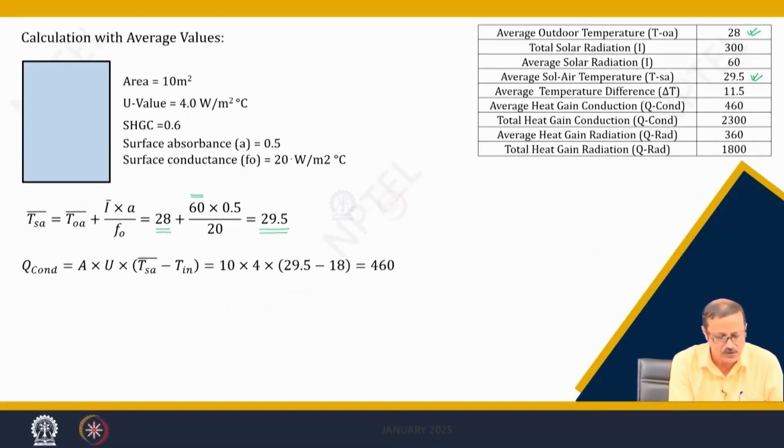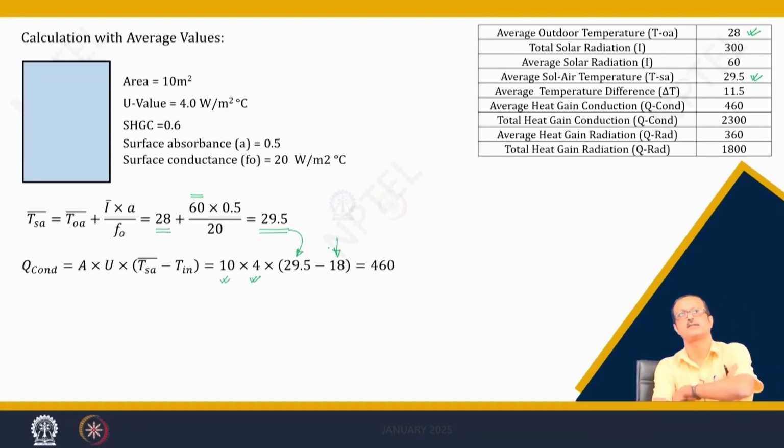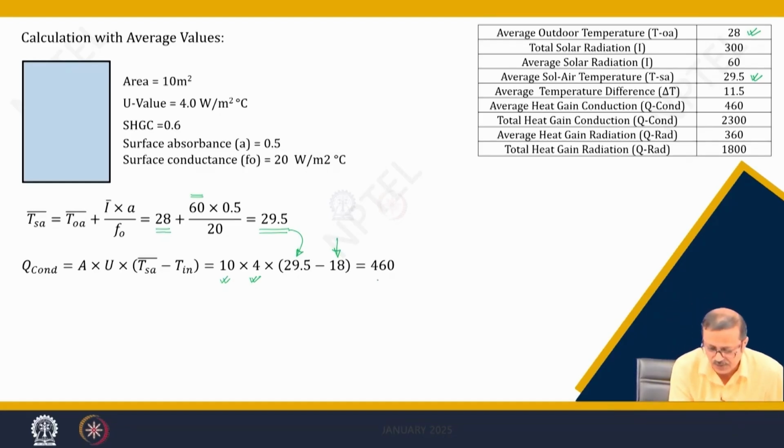Now, if I find the conductive heat gain, the area is 10, U value is 4, the average TSA is 29.5, and the indoor set point temperature is 18 degree. By calculating, I got exactly 460. This is the average heat gain through conduction, and if I multiply that by 5, I get 2300 watt.